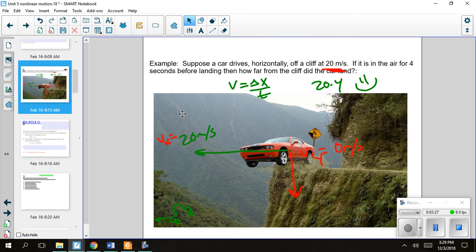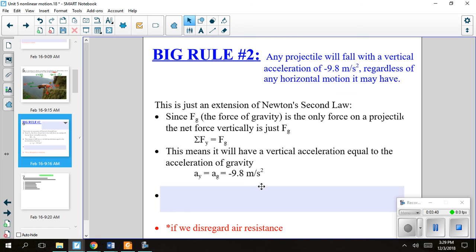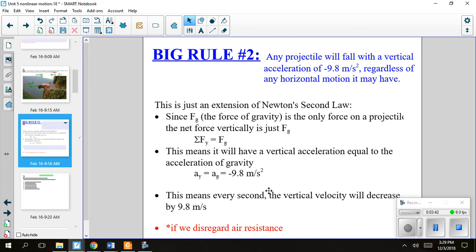So if we look back over here, even though it's moving 20 meters per second that way, acceleration of gravity is only pulling it down, so it'll still have that same acceleration of gravity down, which is negative 9.8. F equals ma. That means for every second, the vertical velocity will decrease by 9.8. Everything's falling down as long as we disregard air resistance.